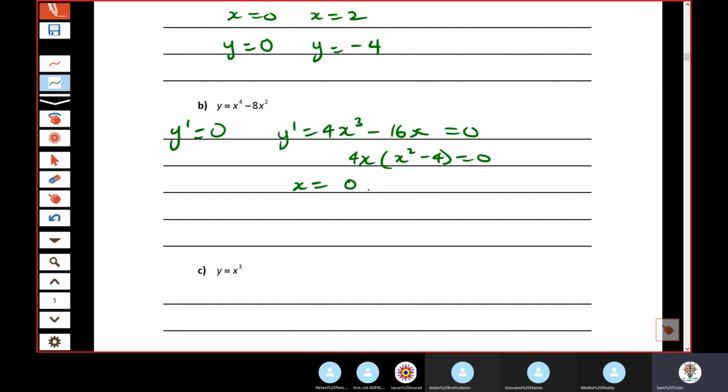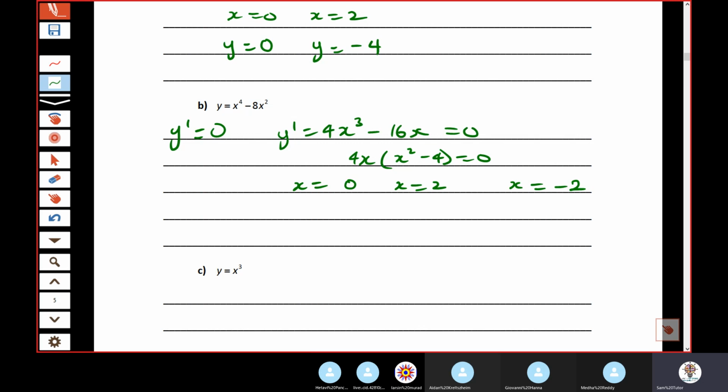No, 0 is correct. 2 was right. It's not fully right, because it's the difference of two squares, which becomes plus minus 2. X equals 0, x equals 2, x equals negative 2.